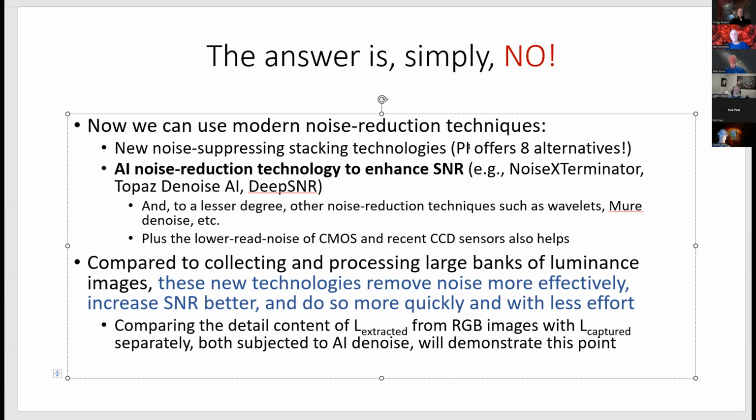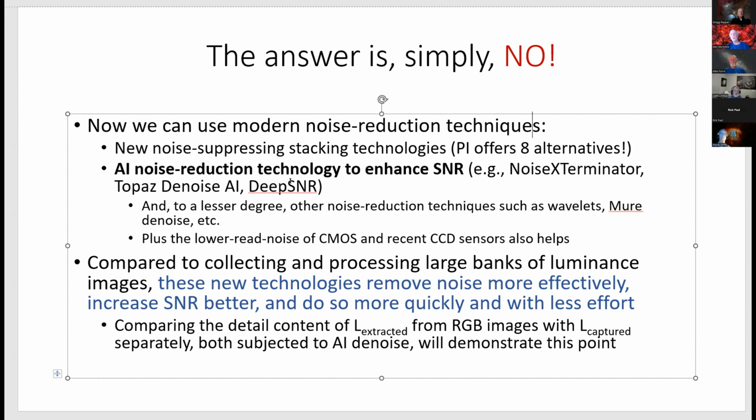There are 8 different alternatives offered in PI for reducing noise during stacking. I'm not going to go through the list, but there are 8 different ones. There's AI noise reduction technology, and NoiseXterminator, for instance, and Topaz Denoise, and DeepSNR are 3 of them that come to mind.